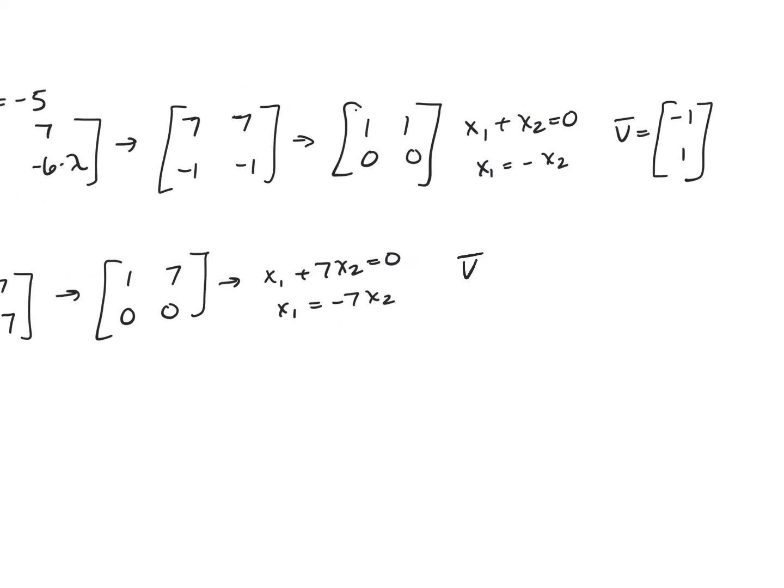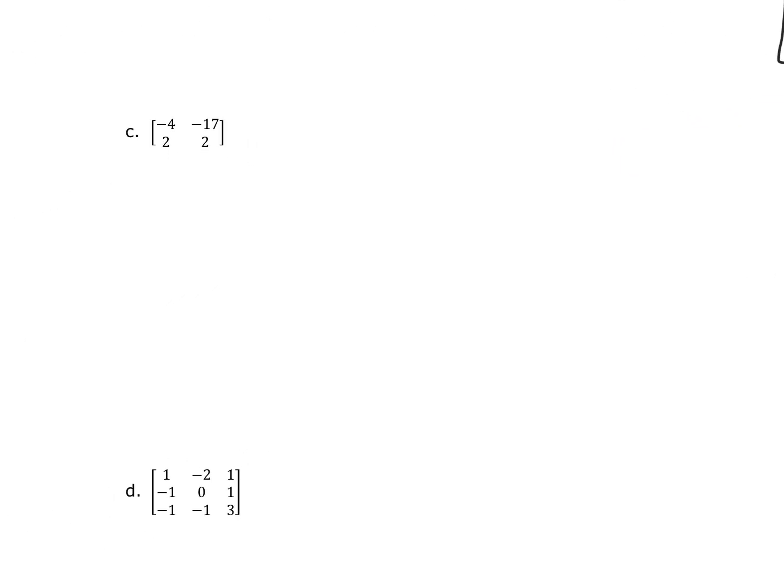So my second eigenvector is going to be negative 7, 1. Now let's take a look at this next example where I have negative 4, negative 17, 2, and 2.